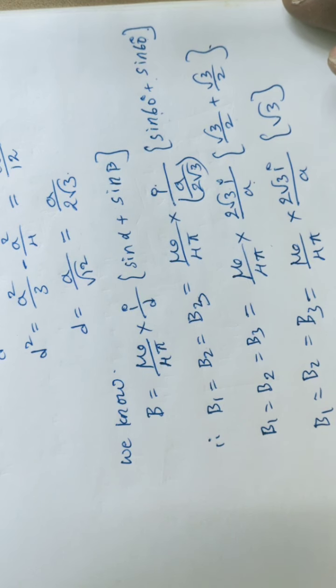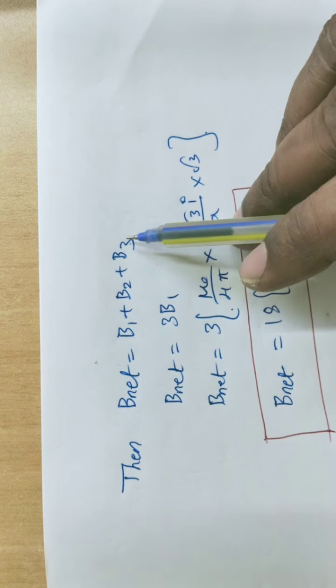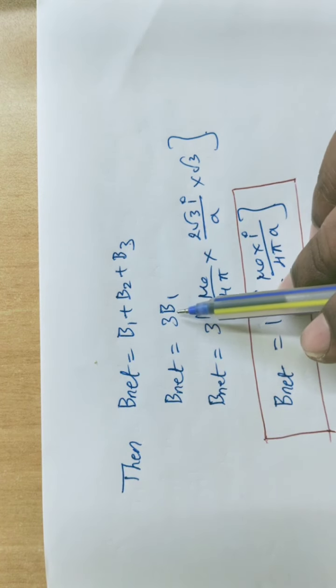But overall, in an equilateral triangle how many sides are present, students? 3 sides are present. So net, B net is equal to B1 plus B2 plus B3. Therefore B net value is equal to 3B only.